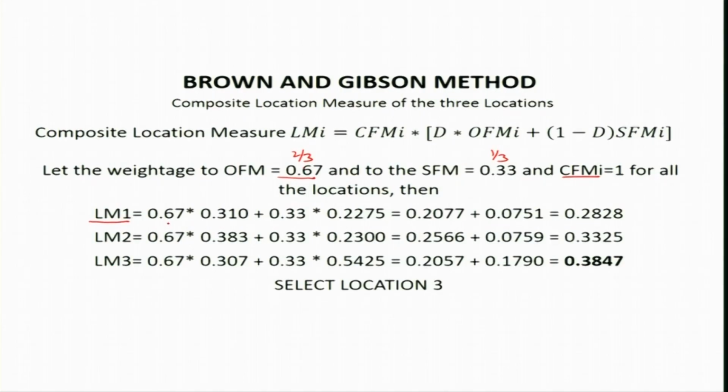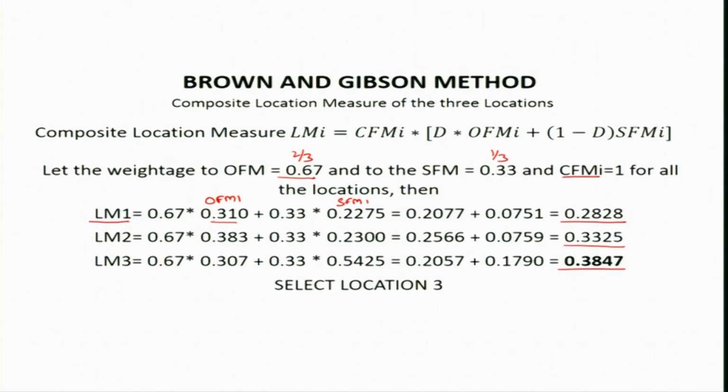For location number 1, 0.67 into 0.310, where 0.310 is the objective factor measure of location 1, and this is the subjective factor measure for location 1. Combining these, we get the score for location 1 as 0.2828. In the same manner, the score for location 2 is 0.3325 and the score for location 3 is 0.3847.